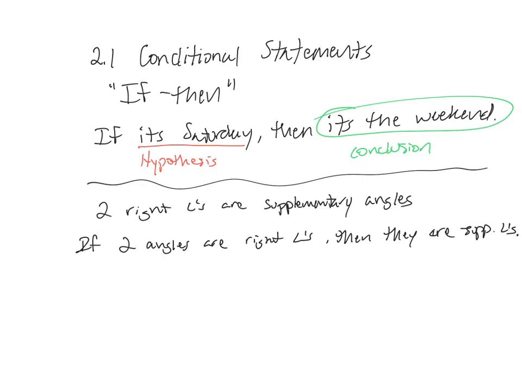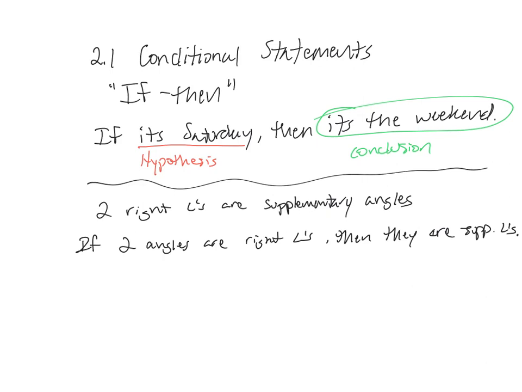You can add some words in there to make it read nicer. You don't just put if and then shove it in the beginning and the middle. There's not a word-for-word correct answer, but hopefully you get the idea. So if two angles are right angles, then they are supplementary.